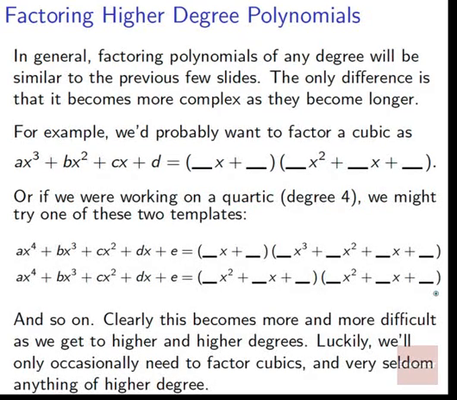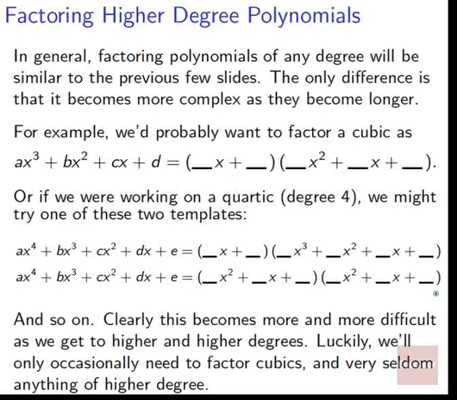We could also work on a quartic, a degree 4, and we might try one of these two templates. If we have ax to the fourth plus bx cubed plus cx squared plus dx plus e, we might break it into blank x plus blank times blank x cubed plus blank x squared plus blank x plus blank, or we might break it into blank x squared plus blank x plus blank times blank x squared plus blank x plus blank. And so on and so forth, right? Clearly, this is going to become more difficult as we get to higher and higher degrees.